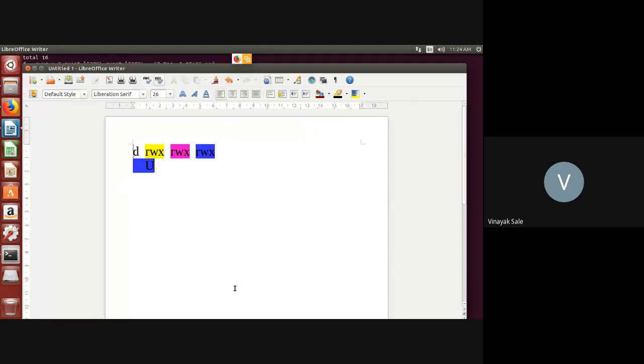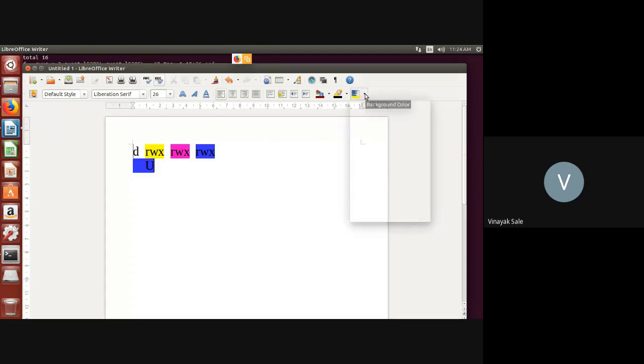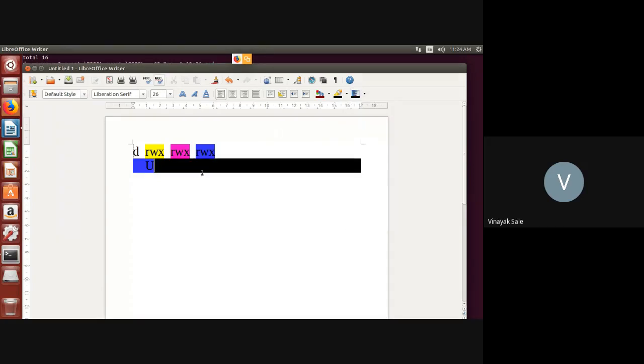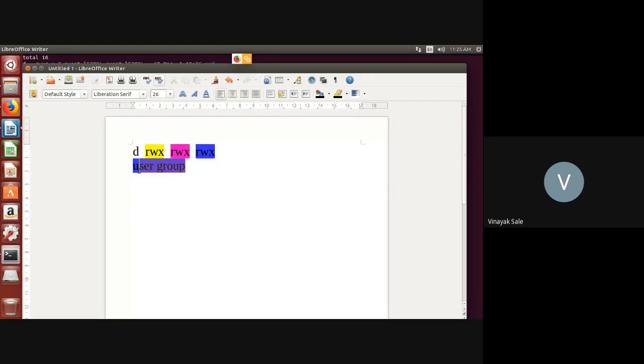So it has permissions as, for group, user group, the user group has permissions read, write, execute.